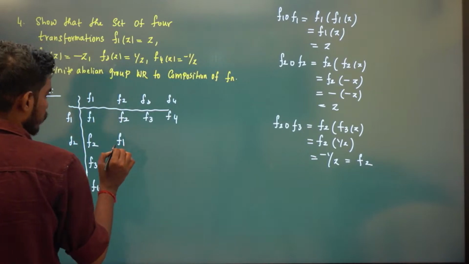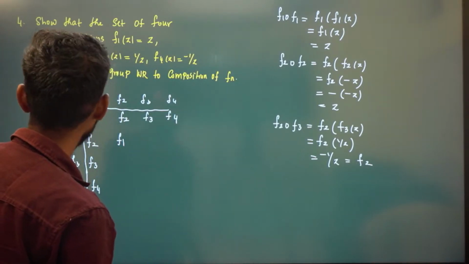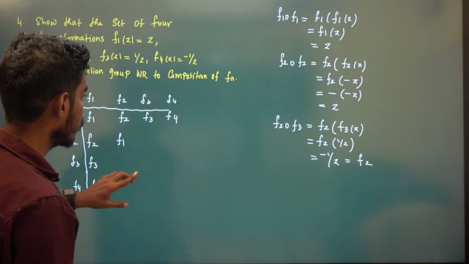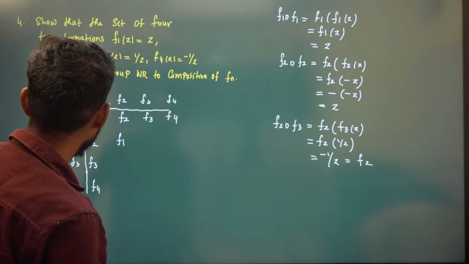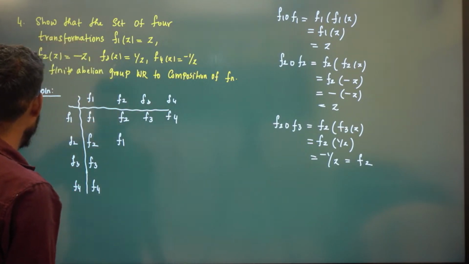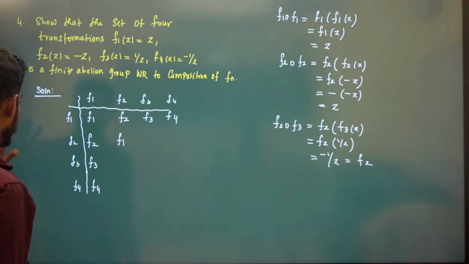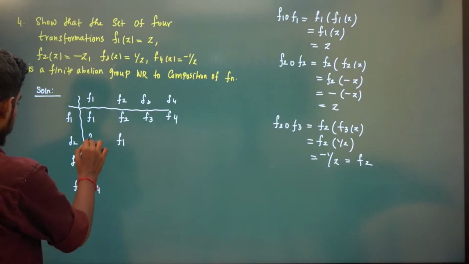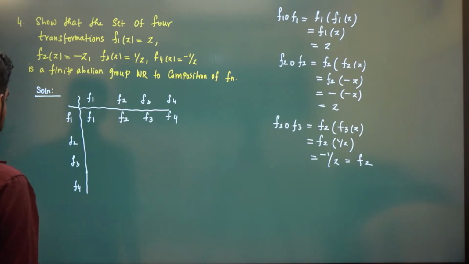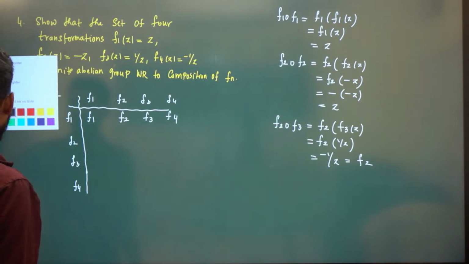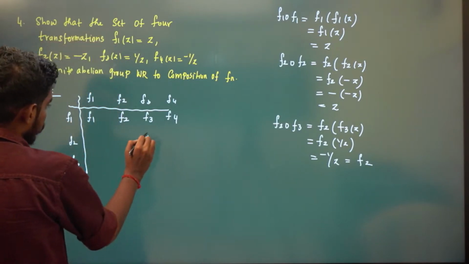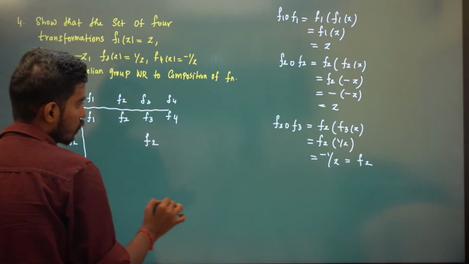F3 of Z is 1 by Z. Okay, so F2 composite F3 is F4. Sorry, minus 1 by Z is F4. Now what is F2 composite F1?